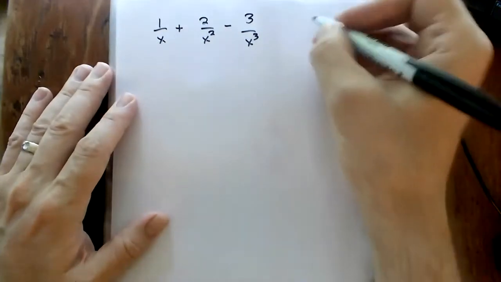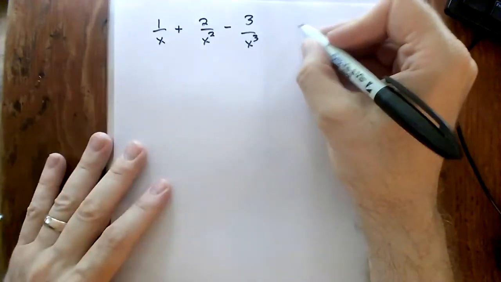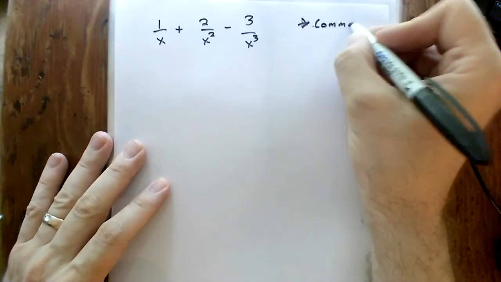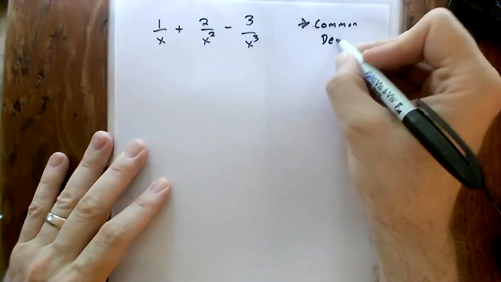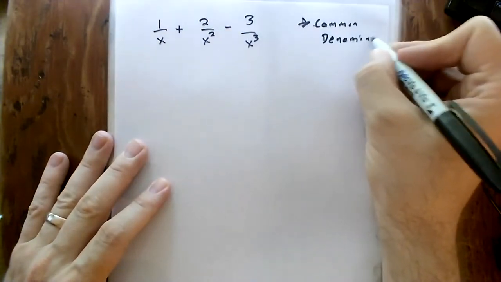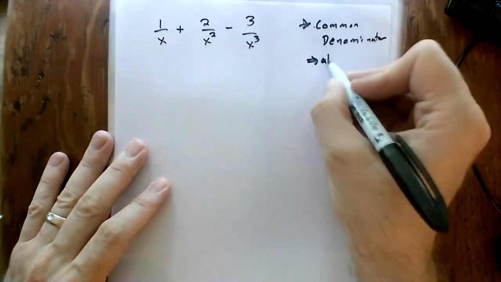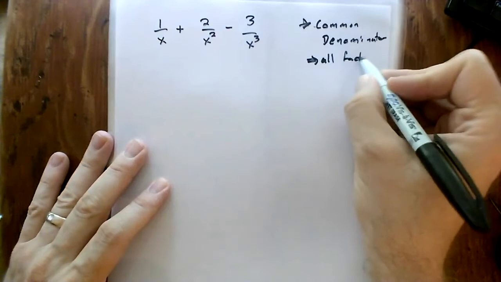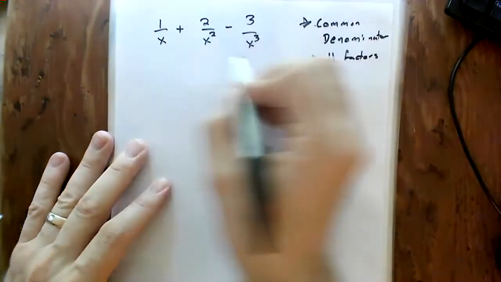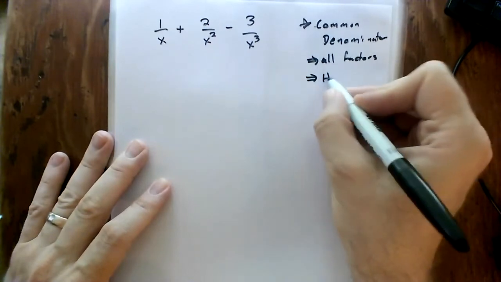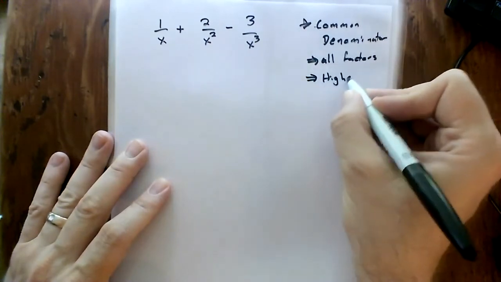Now, one thing that I'm going to point out is that a common denominator has all of the factors that are present in all of my denominators, and it's going to have the highest power of the common factors.